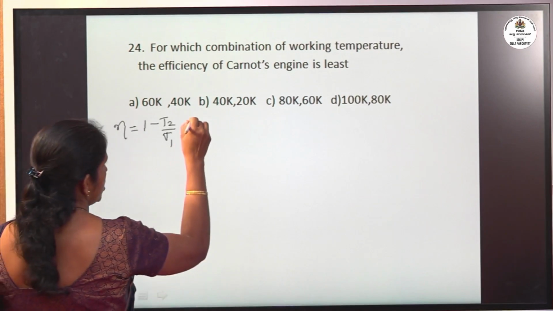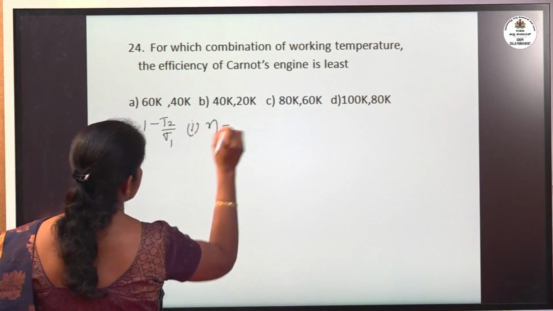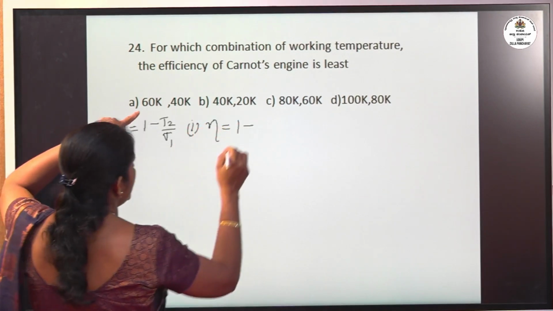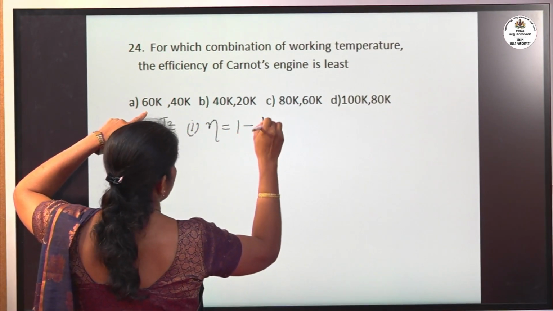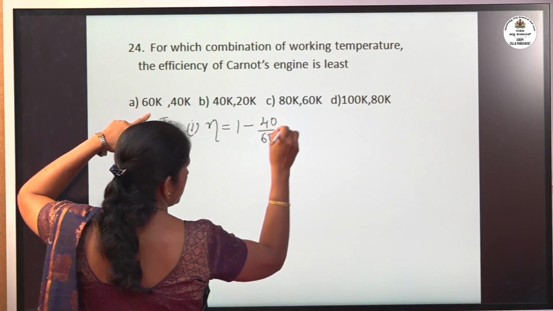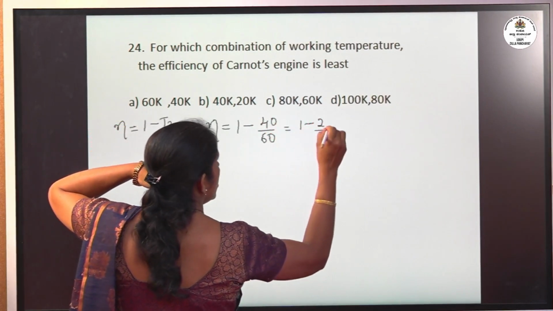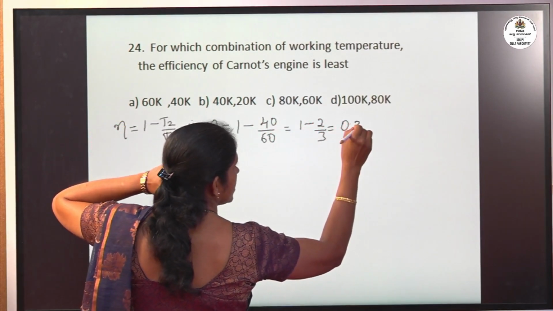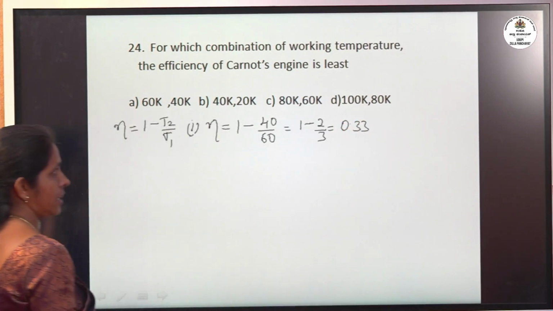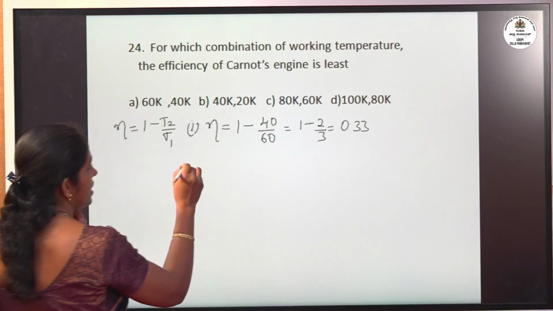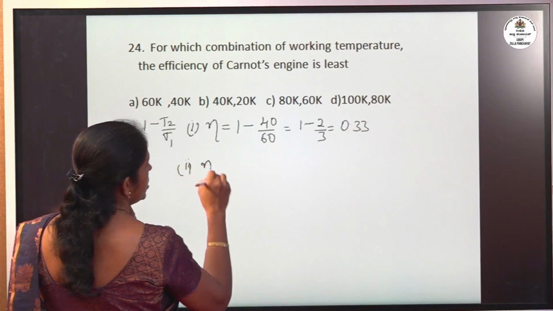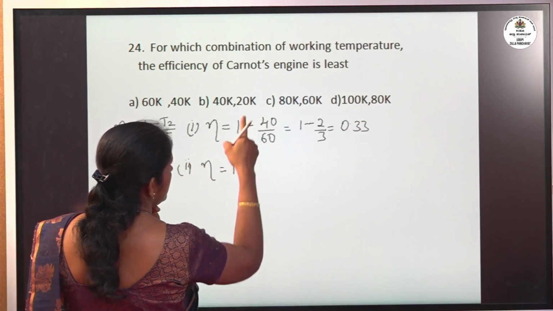For the first condition, efficiency is 1 minus T2 by T1, where T2 is the lower temperature and T1 is the higher temperature. 1 minus, cancelling this, 2 by 3, which is equal to 1 by 3. 1 by 3 is 0.33. For the second case, efficiency is 1 minus T2 by T1.